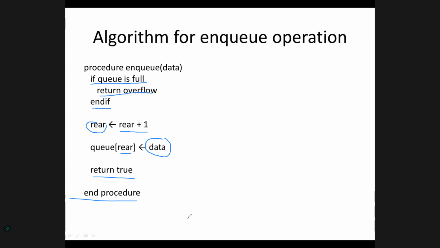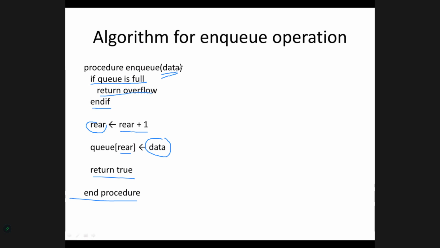Basically, it inserts an element into the queue. In procedure enqueue, we pass the new data element to be inserted. When we call this procedure, let's say we are trying to insert a data item 100, enqueue 100, then it will insert 100 into the queue.